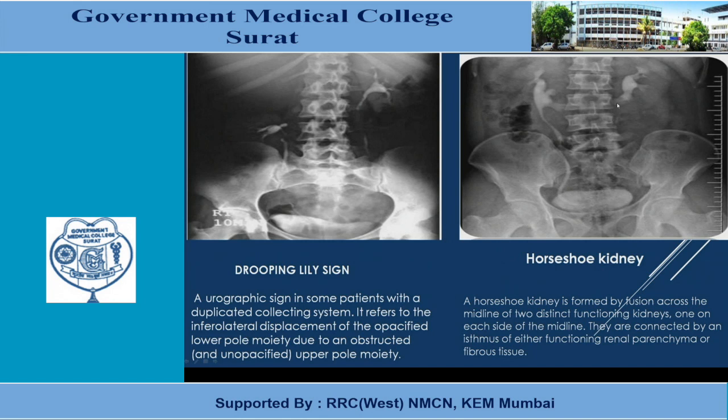So it is malrotated on both sides because of the horseshoe kidney, both are fused centrally. You can visualize that this renal shadow continues across the midline and is fused at the lower part, which leads to malrotation of the kidney and fusion of the mid part, and the hilum is rotated medially.